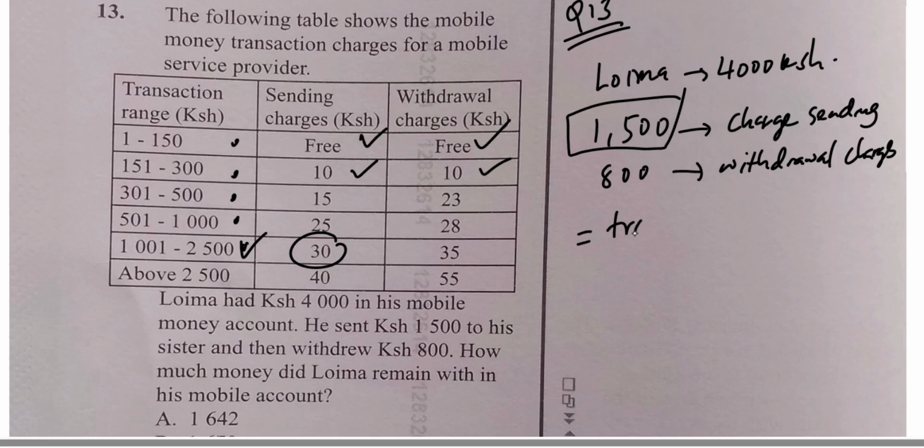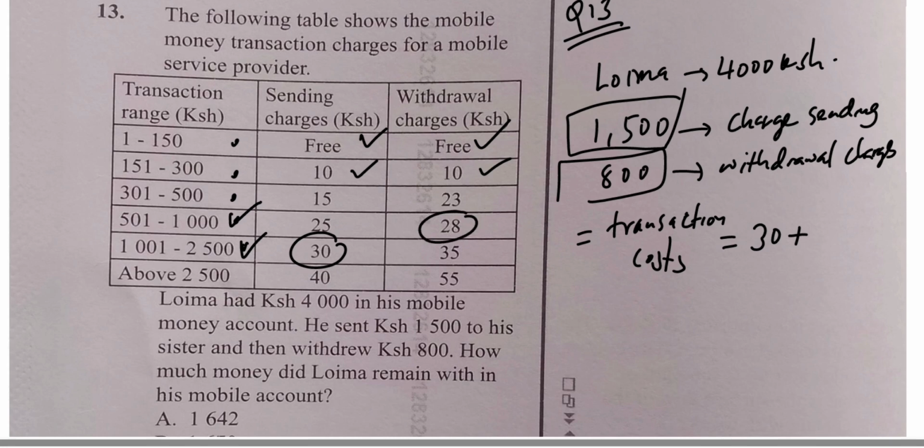So the transaction cost will be 30, and then let's add the 800 he withdrew. 800 belongs here. If he withdraws in the range of 501 to 1,000, he gets 28 shillings as withdrawal charges. So plus 28, the transaction cost will be 58 shillings.